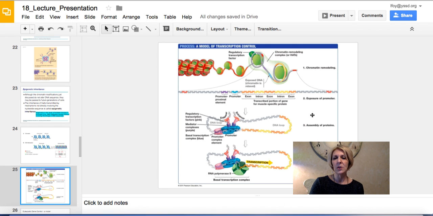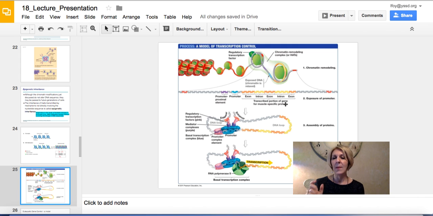I like this picture because it shows a big picture frame. I've got in my nucleus my heterochromatin, and I've got it relaxed into my euchromatin here, so I could have transcription occurring. Here is a picture of my messenger RNA, and I have my promoter region here, and I have my exons and introns.